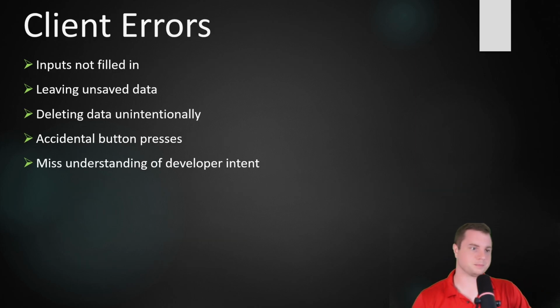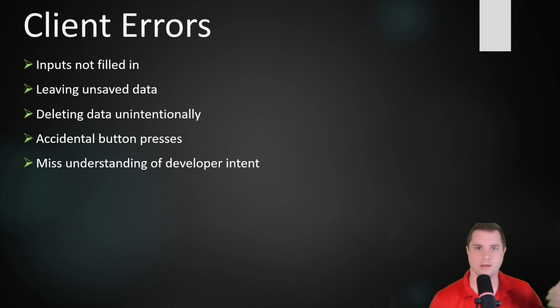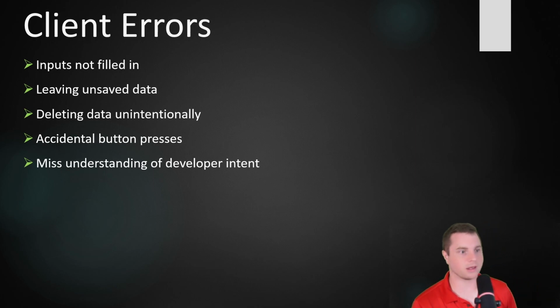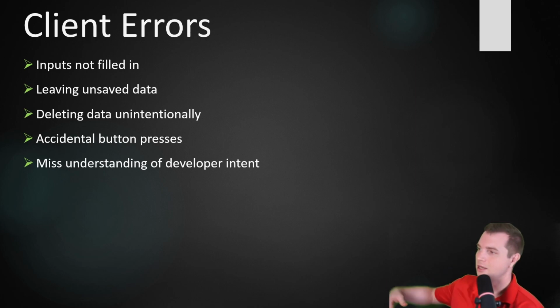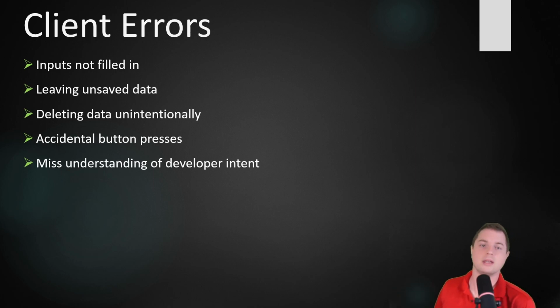Okay. Client errors. So these are typical client errors. You have inputs that are not filled in. So if you require an email address, make sure you actually check for that email address. Leaving unsaved data. Okay, this is more common on desktop applications, or if you're leaving a game and it didn't auto save. Hey, do you actually want to save? Typically, that answer is yes. Okay. Accidental button presses.